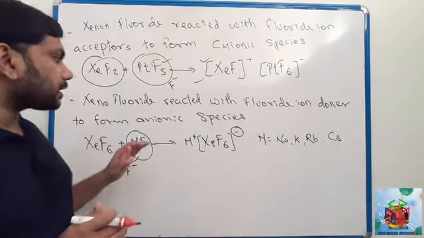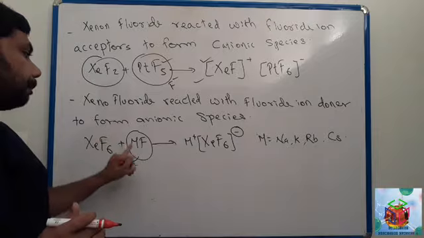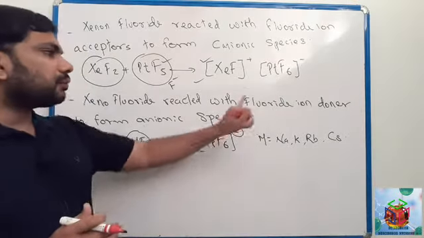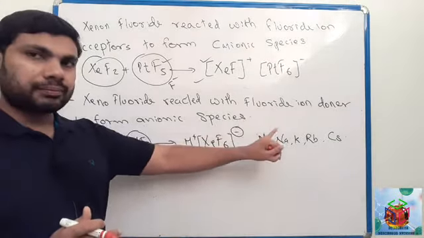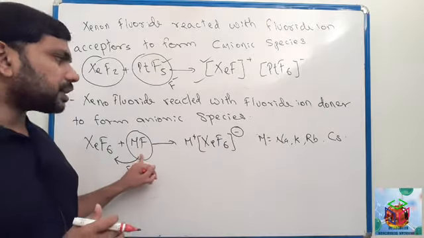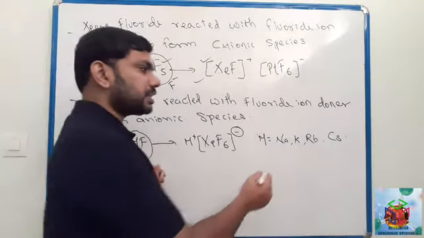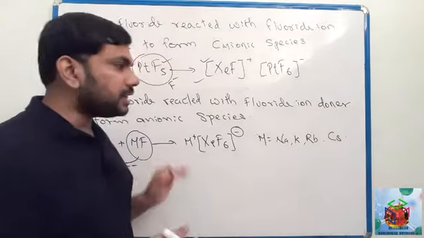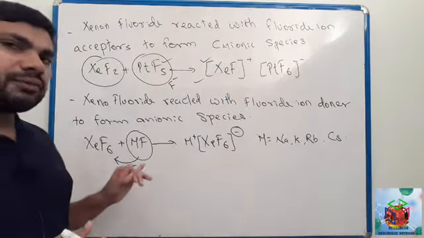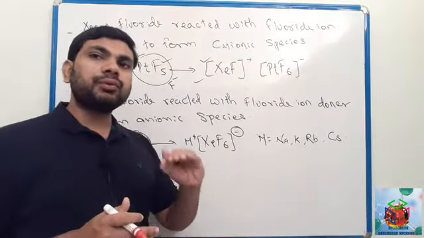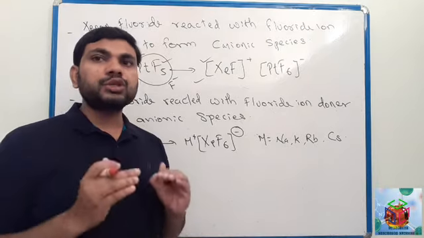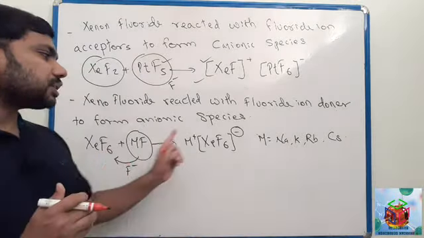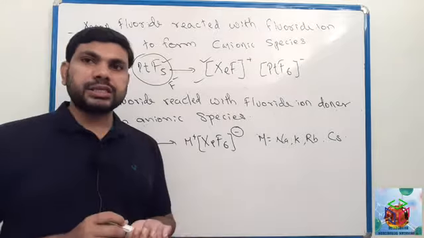Xenon fluoride reacted with metal fluoride. Metal fluoride means here a fluoride ion donor, with metals such as sodium, potassium, rubidium, cesium. This type of metal fluoride will donate fluoride ion. After that, xenon fluoride will change to an anionic species.